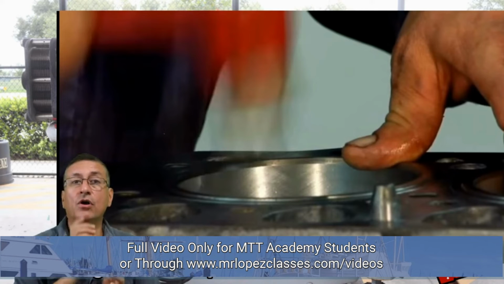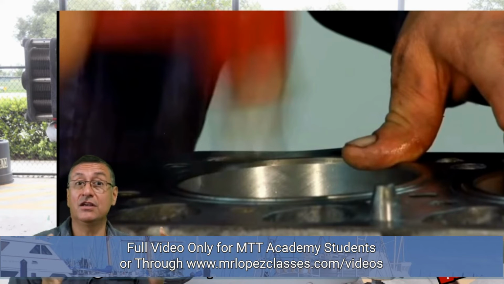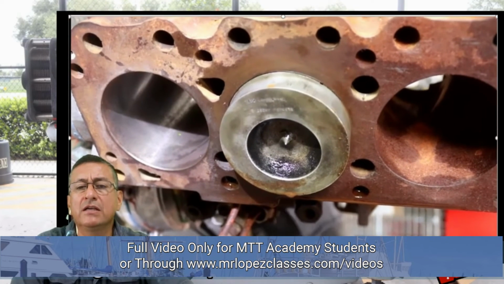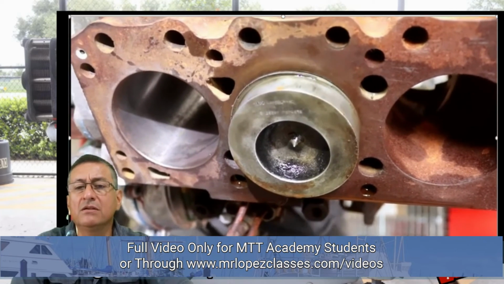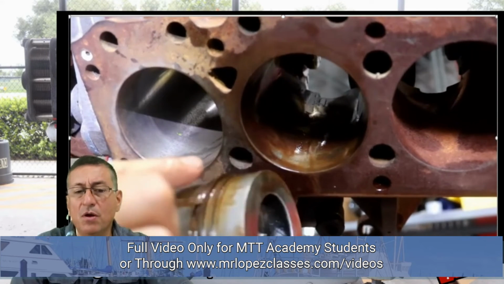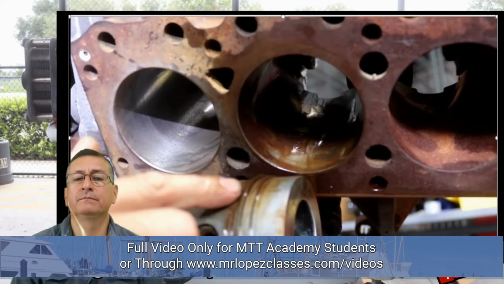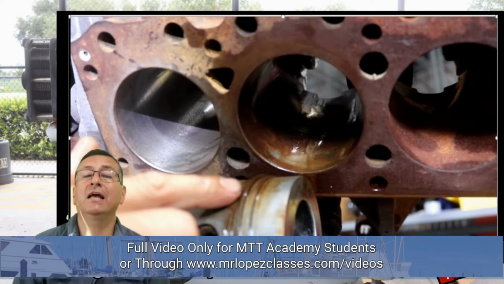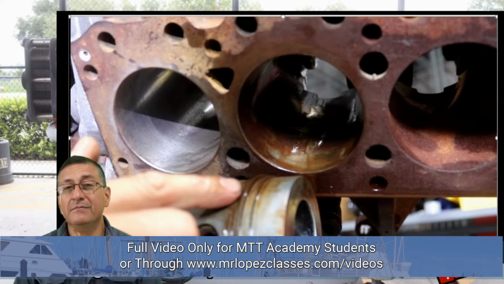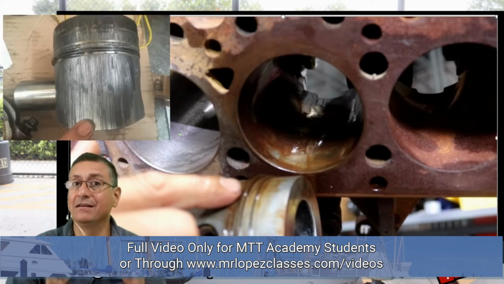If you are replacing only one liner because the engine has problems only in one cylinder, this is the process. It's not complicated. The piston is going, the piston passes, the rings are open, and out. Okay, and now this is the moment to analyze what happened. This is a critical moment to analyze the condition of the piston. I am going to verify if the piston rings are free.